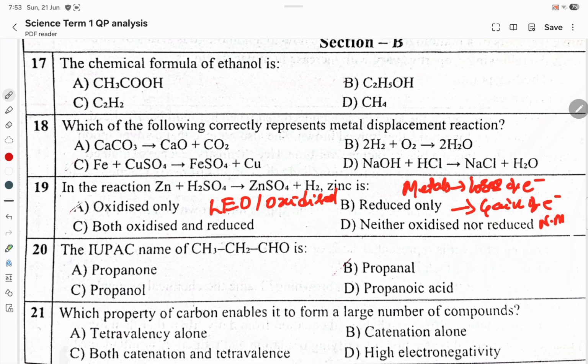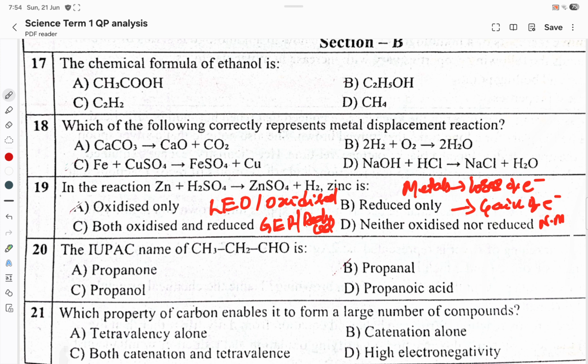The one which receives electrons, that gain of electrons, is called reduced. Here zinc loses electrons, whereas hydrogen ions receive those electrons.